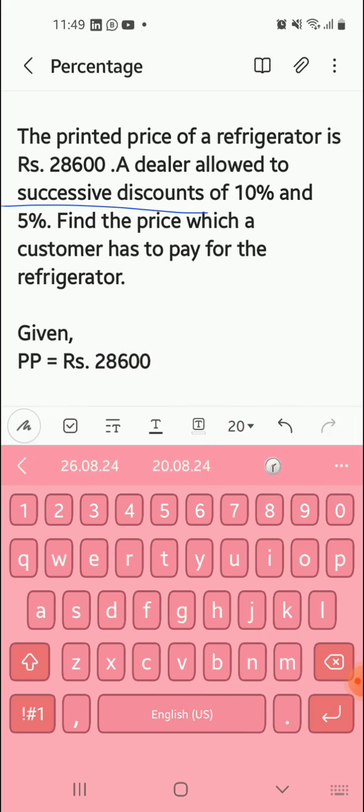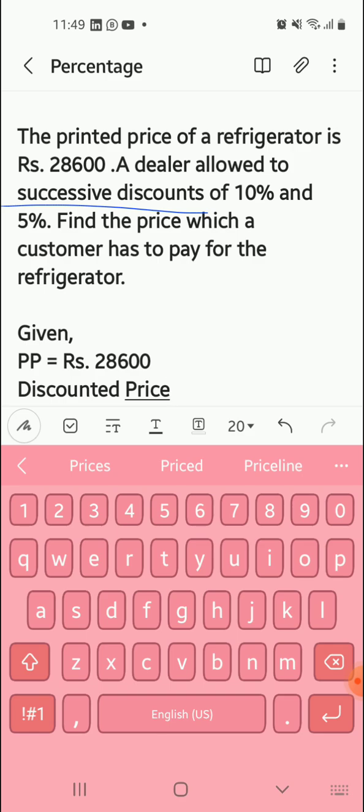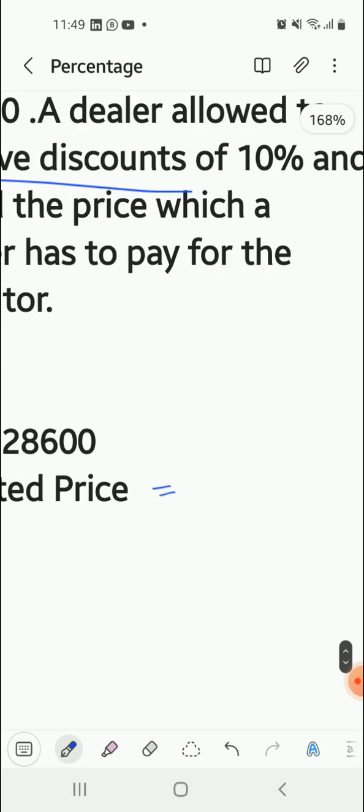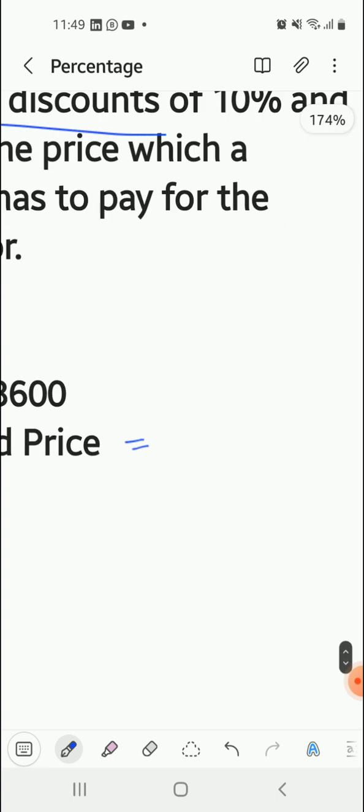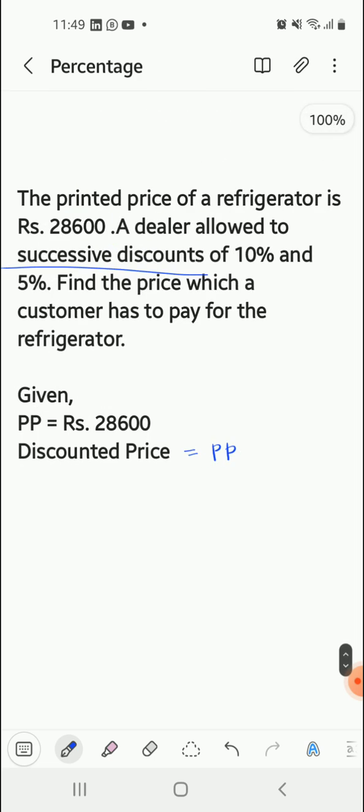Now we have got two successive discounts, and we have to find out the price, that is the discounted price. So for finding out the discounted price, we are going to apply a simple formula: with the printed price, we are going to add two successive discounts.